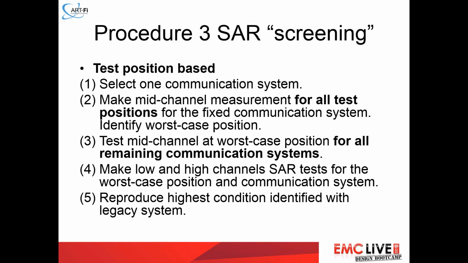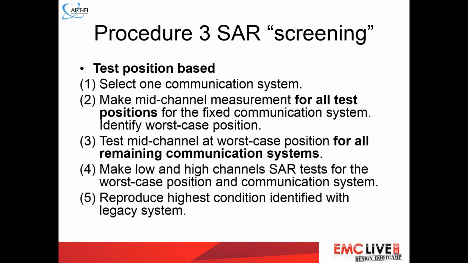Procedure 3 is more test position based. It's more or less the same idea, but instead of focusing on the communication system as a pivotal point, here we focus on the test position. So you first select one communication system and you make mid-channel measurements for this communication system at all test positions. Then identify the worst case position.